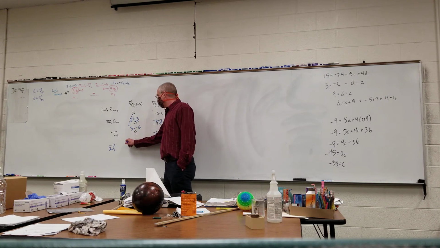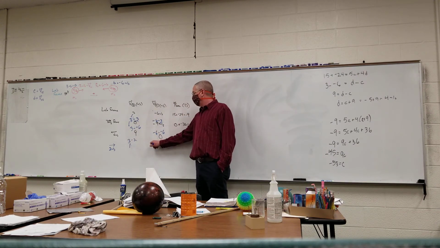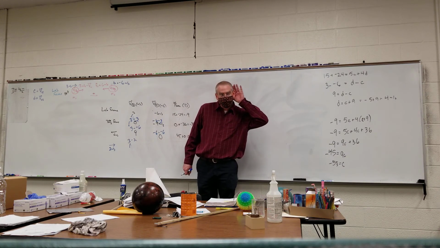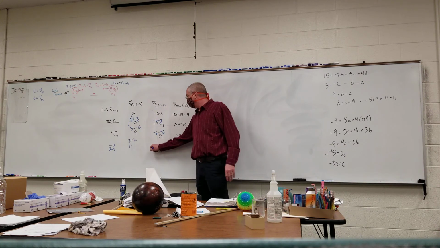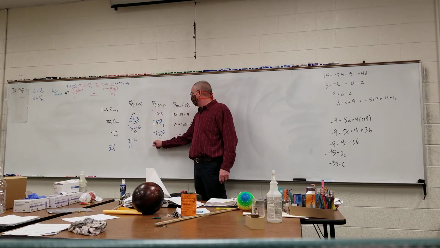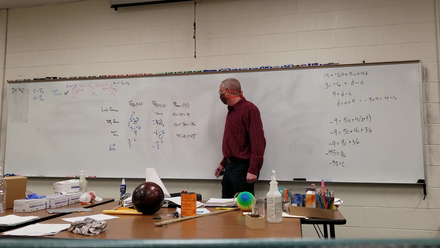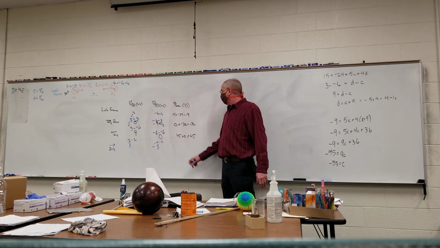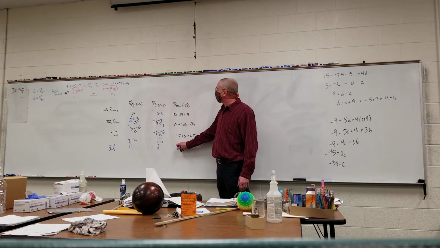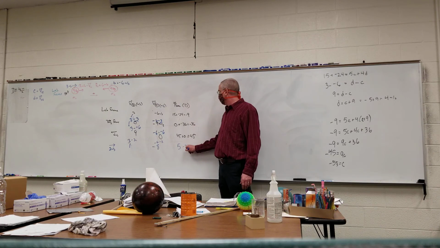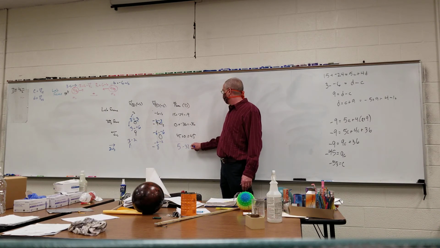This was 3 minus 2. Negative 6 minus 2. You said 8? Yes, negative 8. So the momentum in this reference frame is 5 minus 32, which is negative 27.